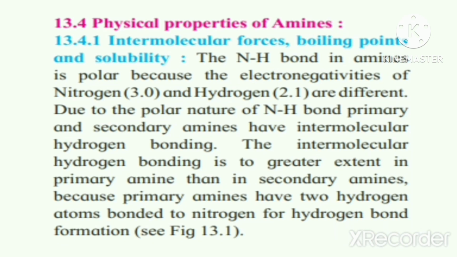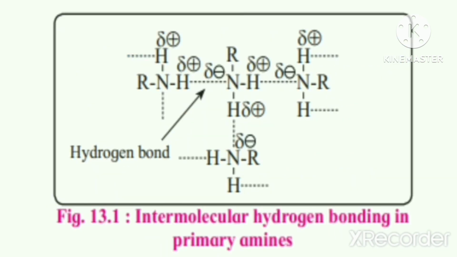The intermolecular hydrogen bonding is greater in primary amines than in secondary amines. Why? Because in primary amines, there are two hydrogen atoms bonded to nitrogen for hydrogen bonding. See this. This is hydrogen bonding in the case of primary amine.